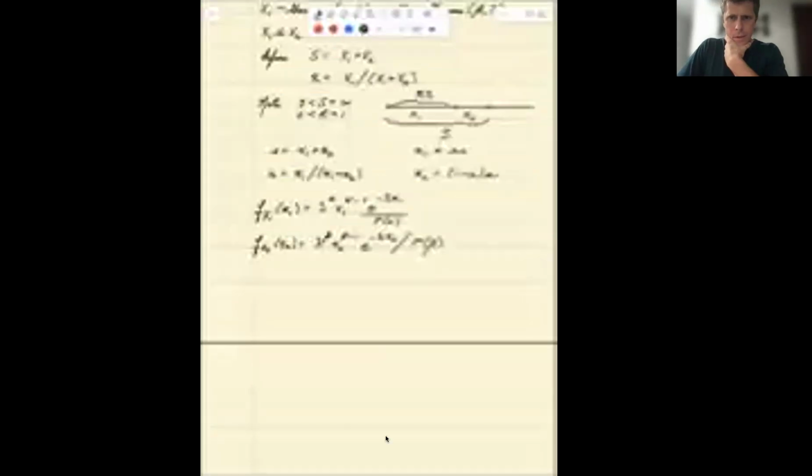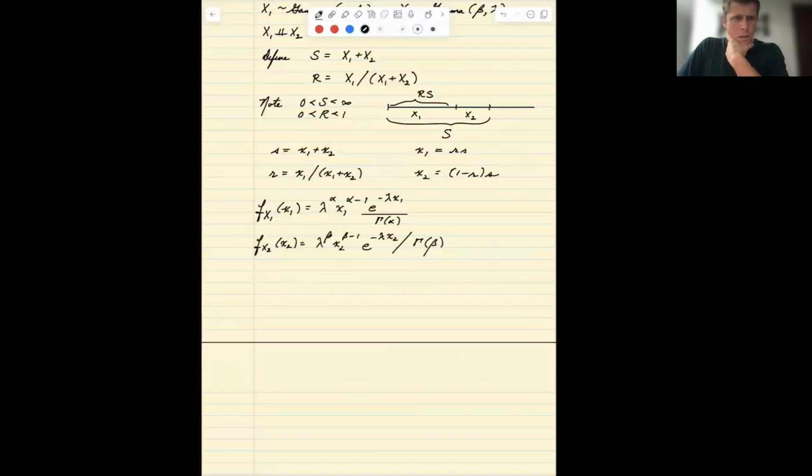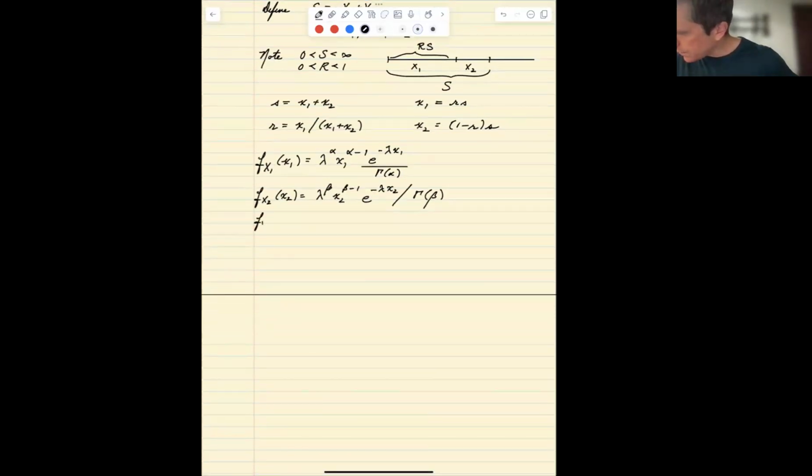Okay, so now we have the joint density of x1 and x2, by our assumption of independence, the product of lambda to the alpha, lambda to the beta.